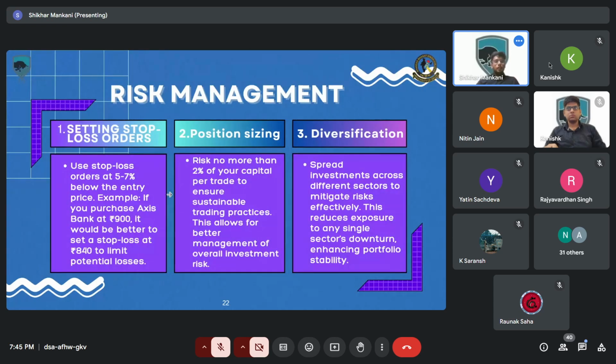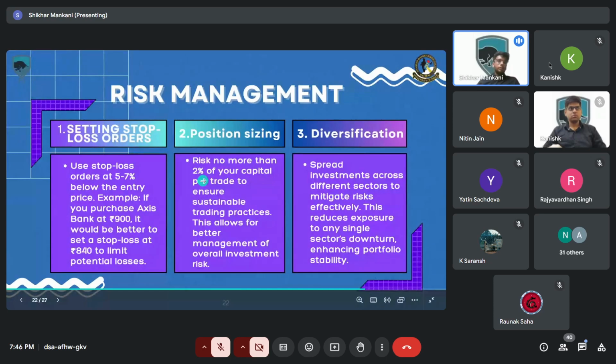Diversification. I think you have heard the famous saying: do not put all your eggs in one basket. What does it mean? That is basically diversification. You must spread your investments and your positions across different sectors and different companies. A good diversification strategy in short-term trading would be to not put more than 5% of your capital in one company.